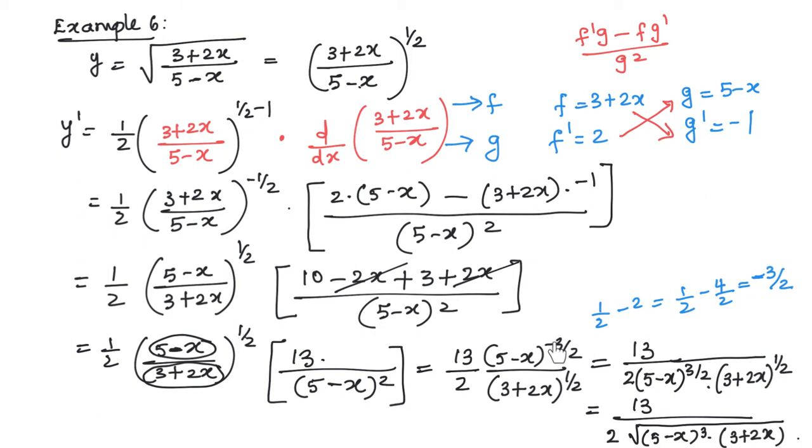So we got the exponent negative 3 over 2. Move this term to the denominator so that the exponent will be positive. This power has 2 in the denominator, so that is the same as writing square root. And this is the exponent for each factor. So this is the final answer for the derivative of this function.